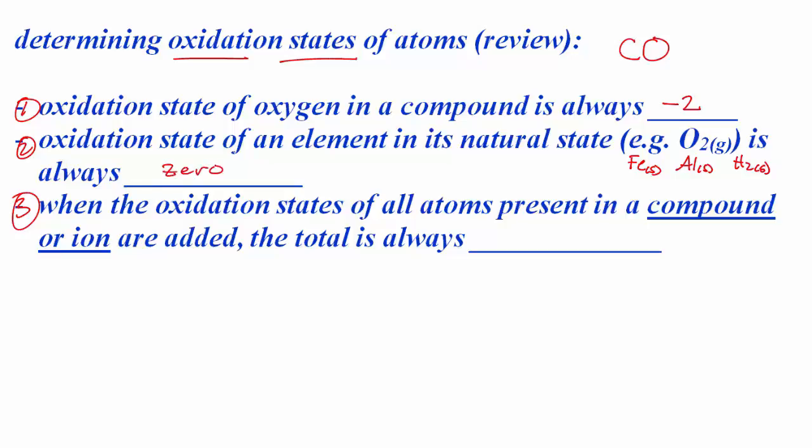That's our baseline. When you add up the oxidation states of all atoms present in a compound or ion, the total is always the overall charge.